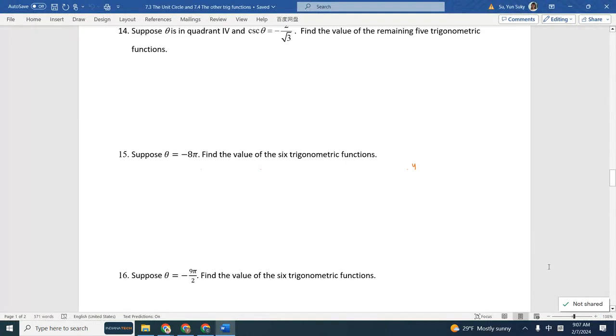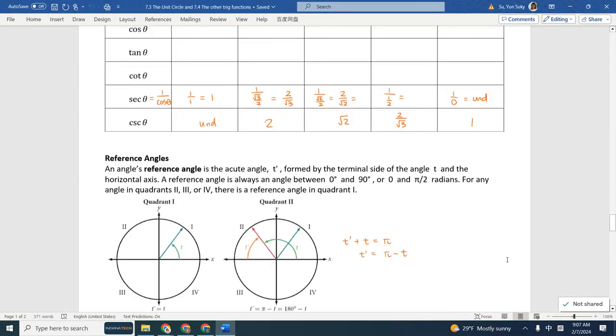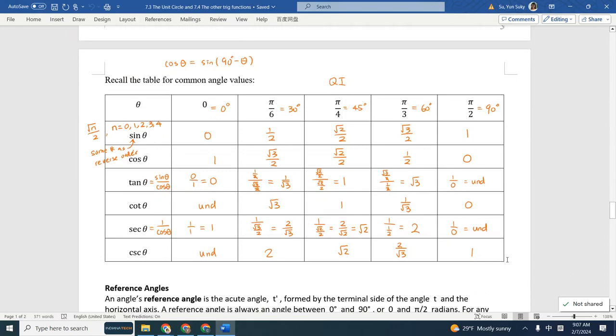So last time we talked about reference angle. Do you still remember this table? We learned the pattern. What's the pattern? Square root of n over 2, and you plug in n equals 0, 1, 2, 3, 4. In that case, you can fill out the values in the first row. And the second row is the cofunction: same numbers, reverse the order.